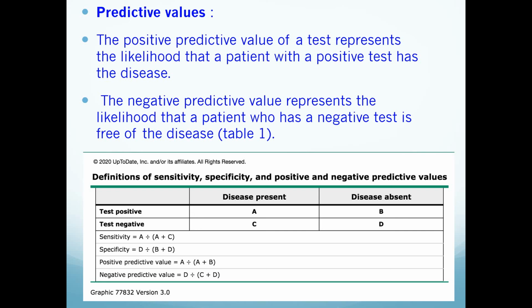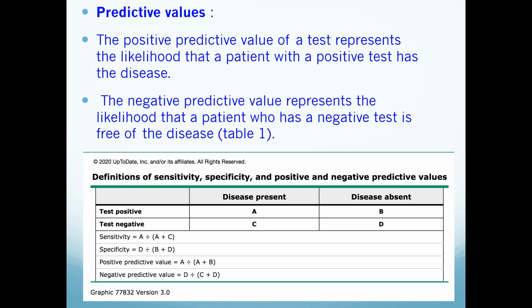In a group of the population, the sensitivity is A divided by A plus C. So of all the patients who have the disease, like syphilis, how many of them test positive? If it is 99, that means the sensitivity of this test is 99%. I am going to detect 99% of patients who have syphilis, while missing one patient who has syphilis and tests negative.